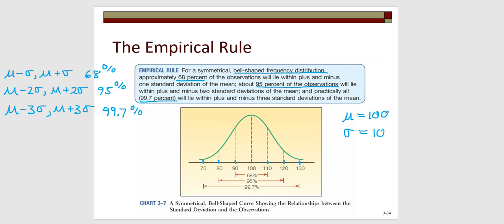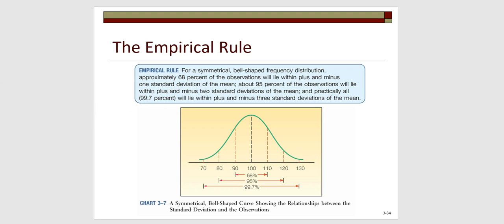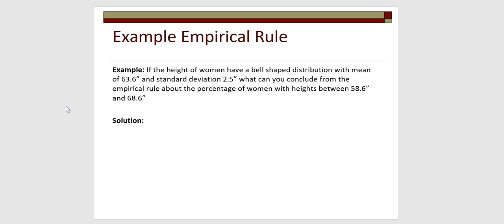Let's take a look at an example. So here we're given that the height of women has a bell-shaped distribution with a mean of 63.6 and a standard deviation of 2.5.